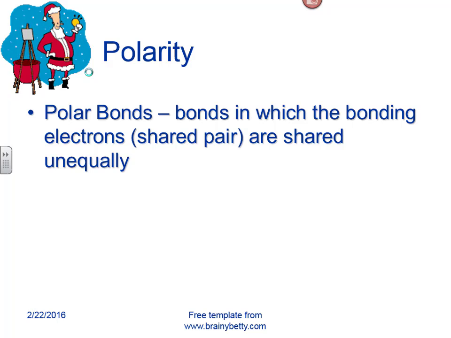Some bonds are called polar bonds, and sometimes you will see this listed as polar covalent bonds. So we're talking about covalent bonds here. It's one specific type of those. Polar covalent bonds, or just polar bonds, are those where the electrons, or the shared pair, are shared unequally.